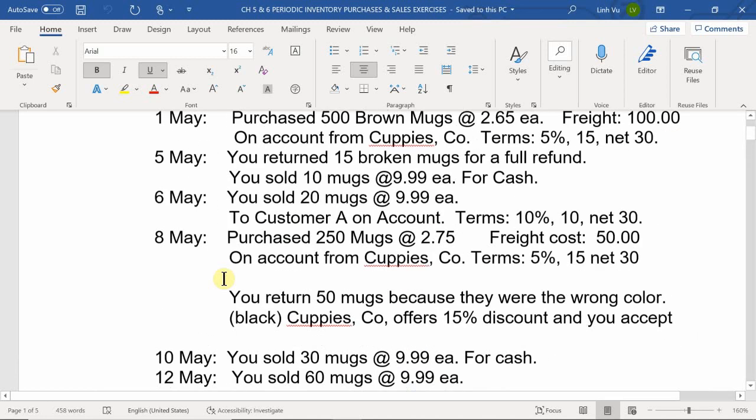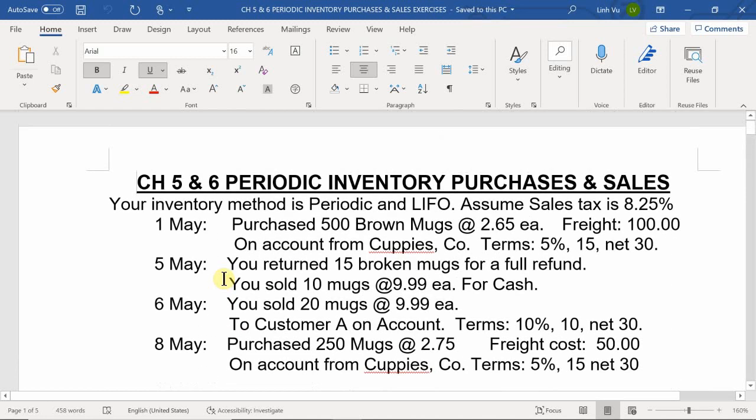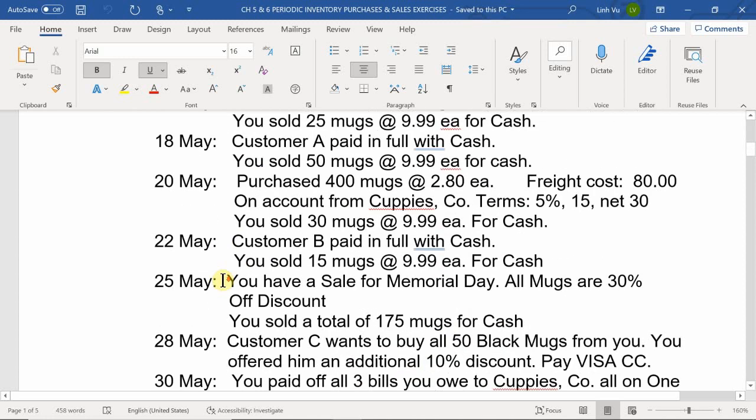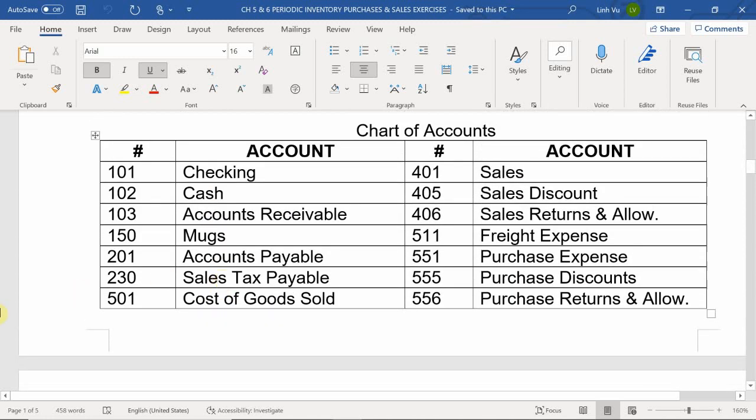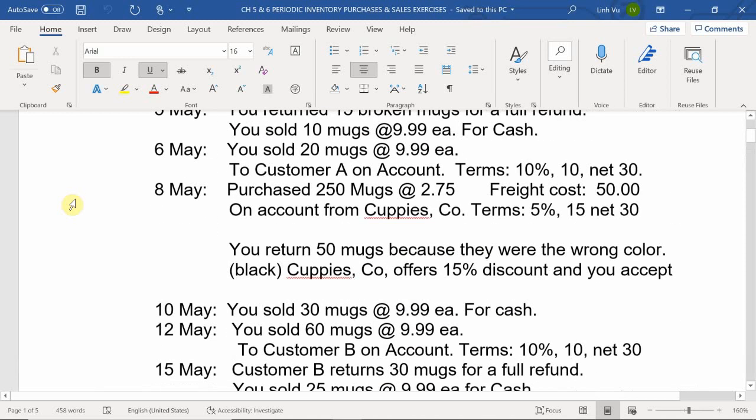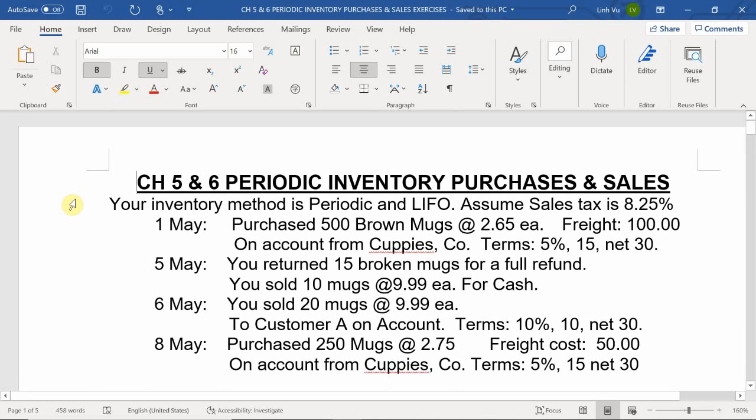And the instruction says that this is periodic inventory. So how are we going to recognize or journalize this transaction? Accounts payable and sales tax. Did we sell items? Oh no, no, we bought them.